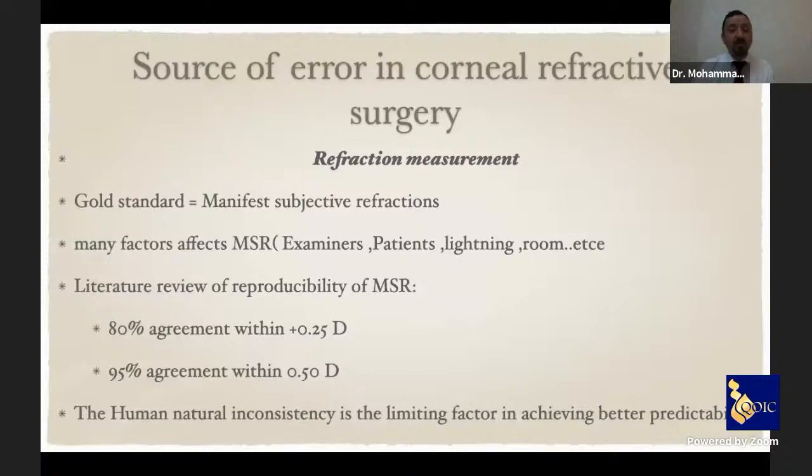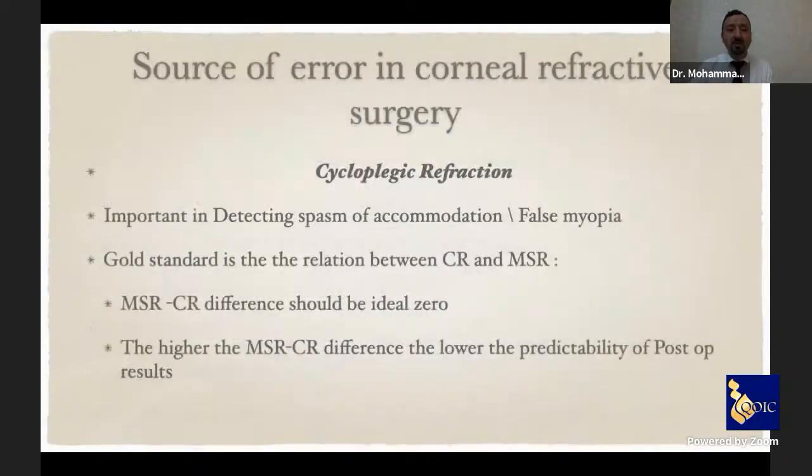So the human resource is one of the main factors. As a preventive measure, in order not to get overcorrection or undercorrection, we need to be very careful in refracting our patients and have a standardized way of doing this.